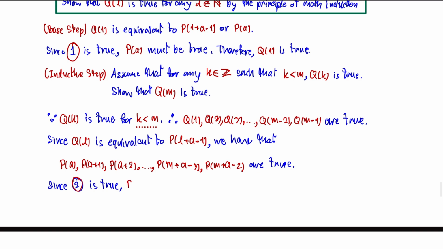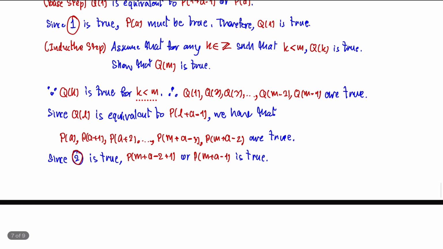P of m plus a minus 2 plus 1, or this statement P of m plus a minus 1, is true. Okay, this is true. So what do we have? We're going to have statement Q of m, which is true.